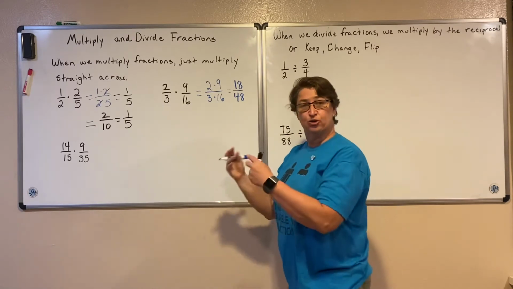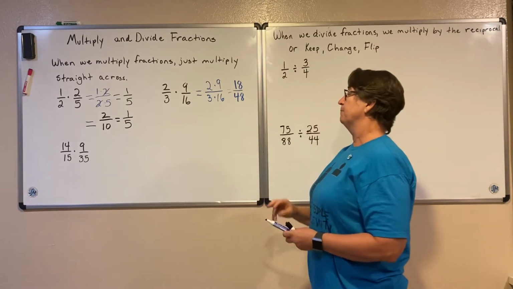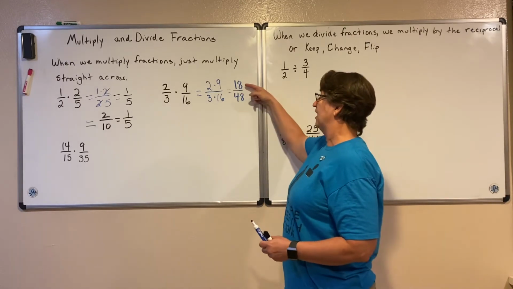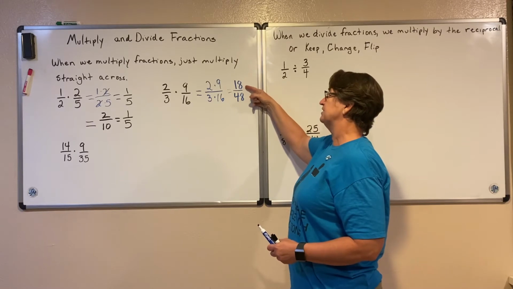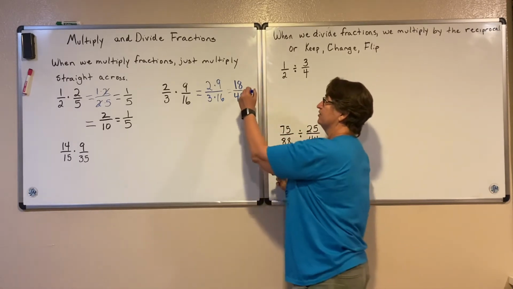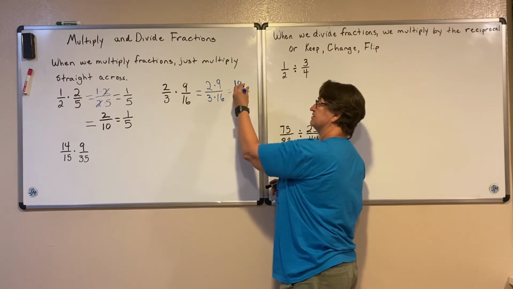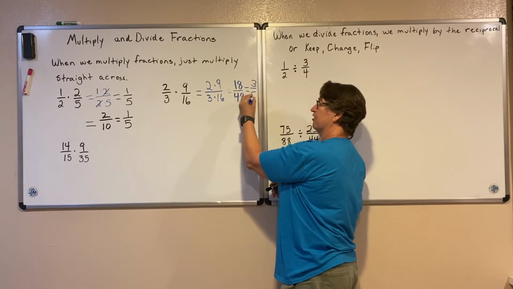And then I could reduce that fraction. Well, there's a multiple of, or a factor of 6 that goes into 18 and 6 goes into 48. So I could divide the top and the bottom by 6 to get 3, and 6 goes in there 8 times.